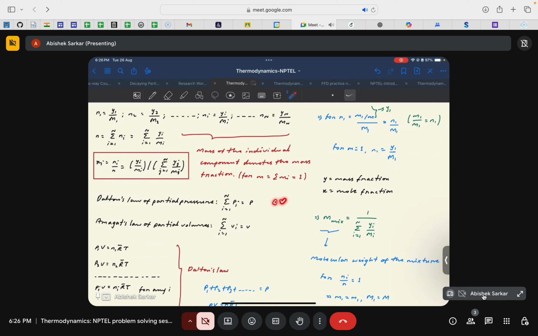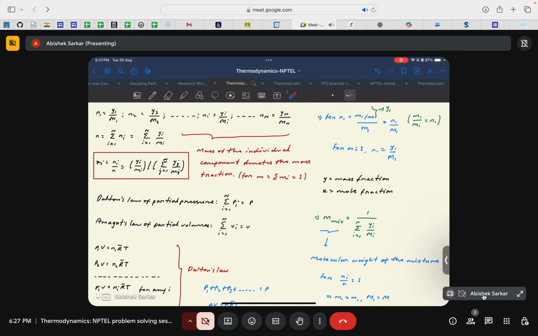This P, V, R, T and m as well would be the corresponding properties of the mixture and not the individual gases. So it's suitable to represent these parameters in terms of the mixture rather than individual properties.